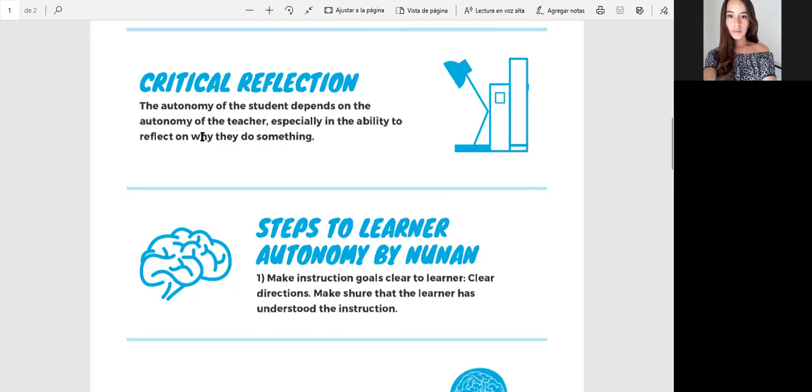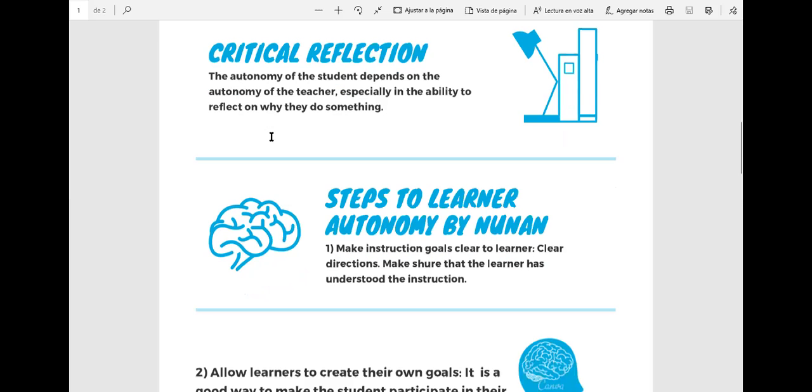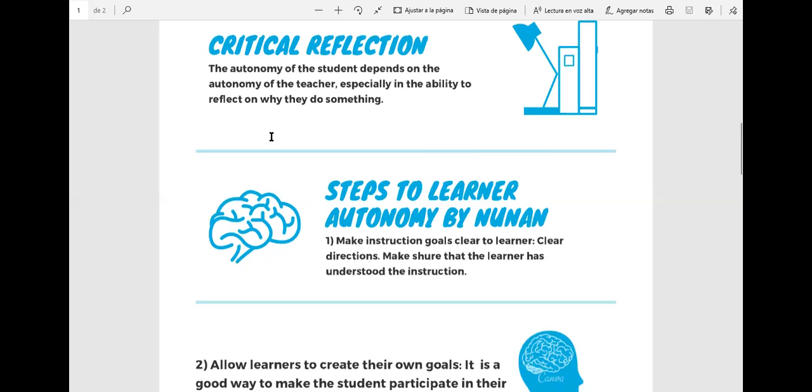The autonomous learner depends on an autonomous teacher, especially when the student has the need to reflect on their abilities and why they do something.